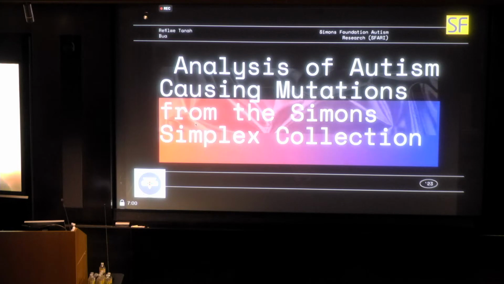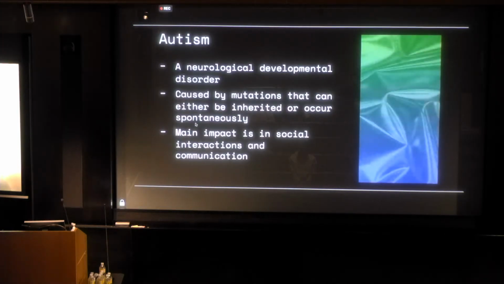I'm going to start off by talking a bit about autism and why it's important that the Simons Foundation has devoted so many resources to studying what actually causes it. It's a neurological developmental disorder, caused by mutations that can either be inherited or occur spontaneously through environmental factors.